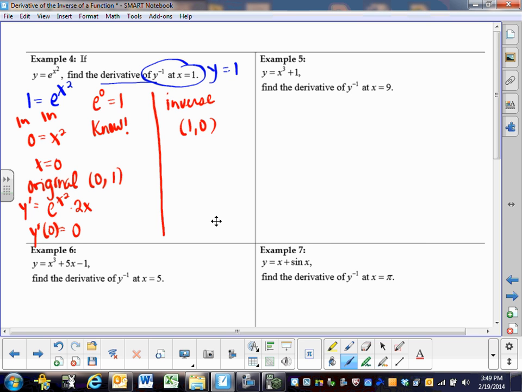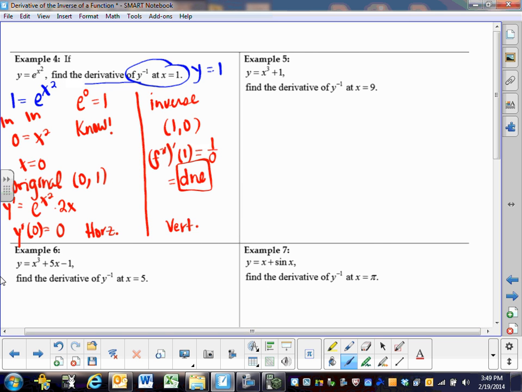So the original point on the original graph is x equals 0, y equals 1. So that means that the inverse function has the point (1, 0). Now the original derivative is e to the x squared times the derivative of x squared, which is 2x.